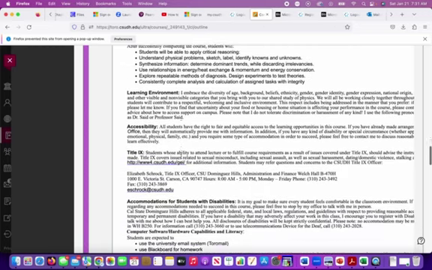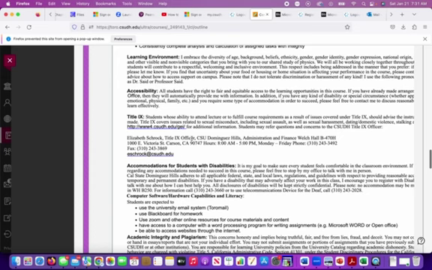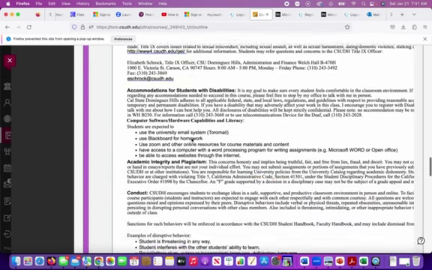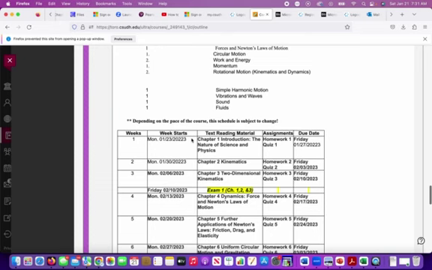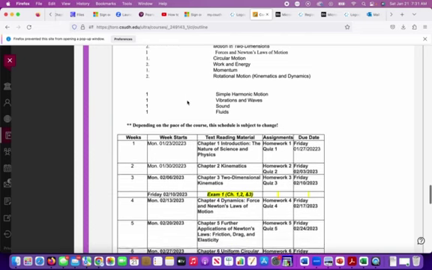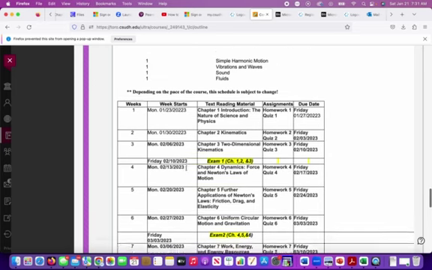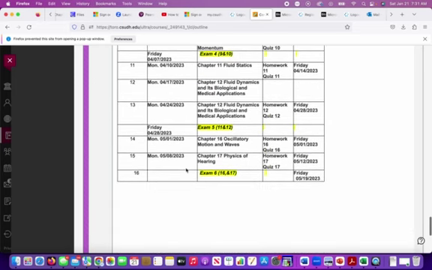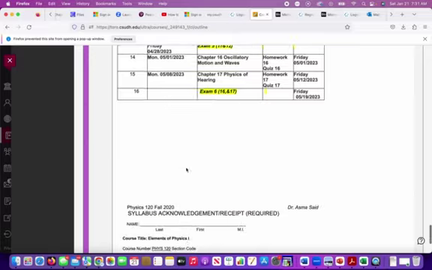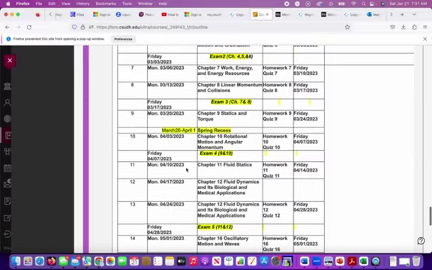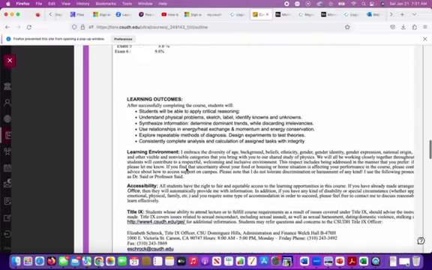These are learning outcomes, and some of the resources for you. These are the topics that we are going to discuss, and this is a detailed tentative schedule, which means it might change based on maybe not being able to cover something.